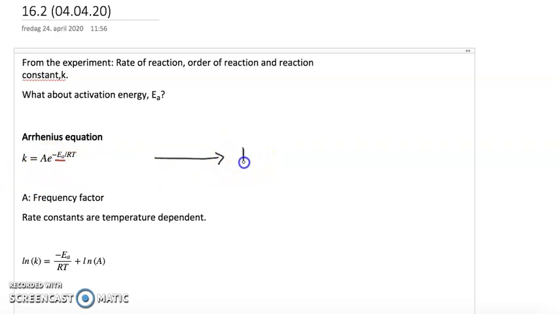What we do is apply logarithms on both sides of the equation. Small k, sorry. So we have ln of the whole side of this equation, minus E, A, R, T. This side we don't need to do anything more, so just write it again.